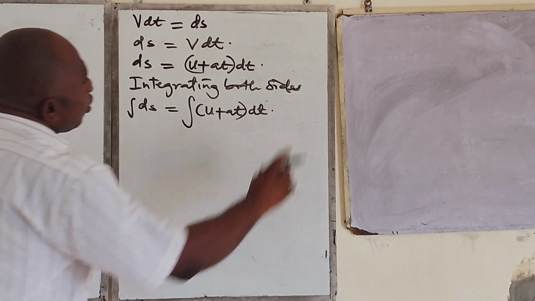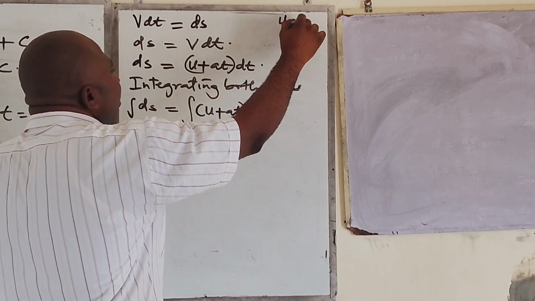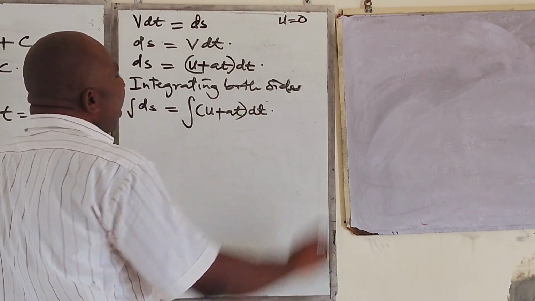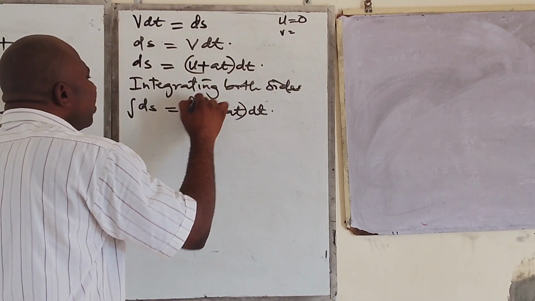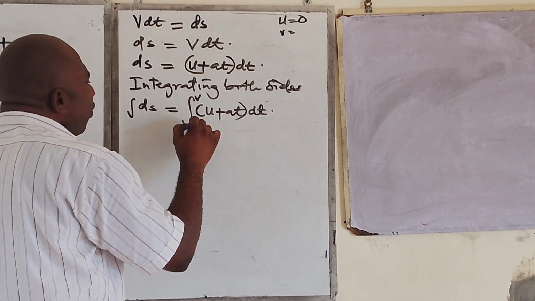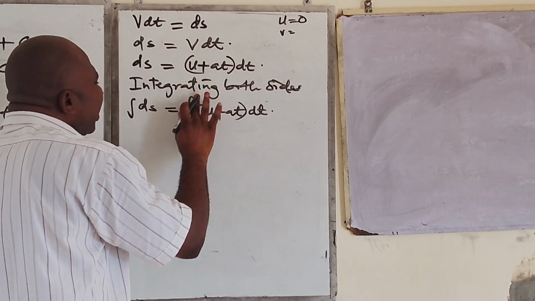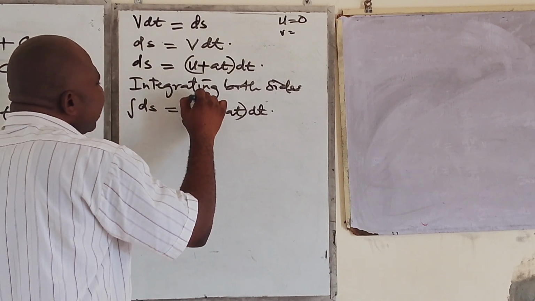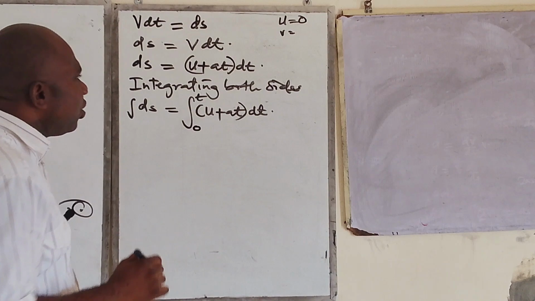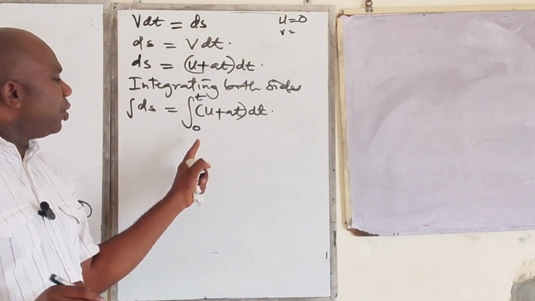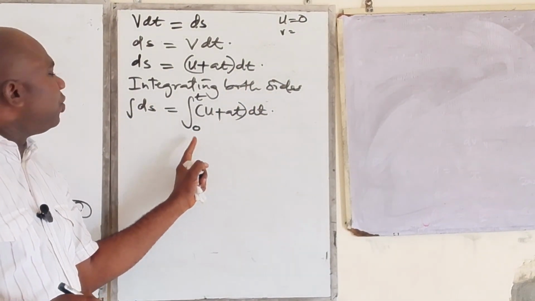Now remember the initial velocity here is equal to 0, while here we have the final velocity. So the final velocity actually ends at time t, while it starts at 0, because at u equal to 0, the value of our t is equal to 0.